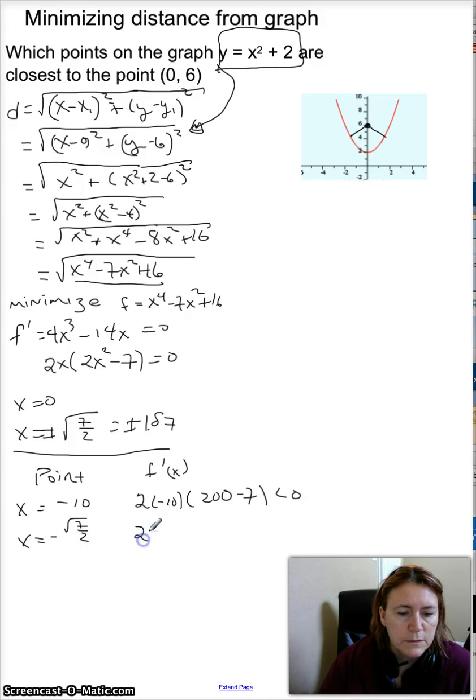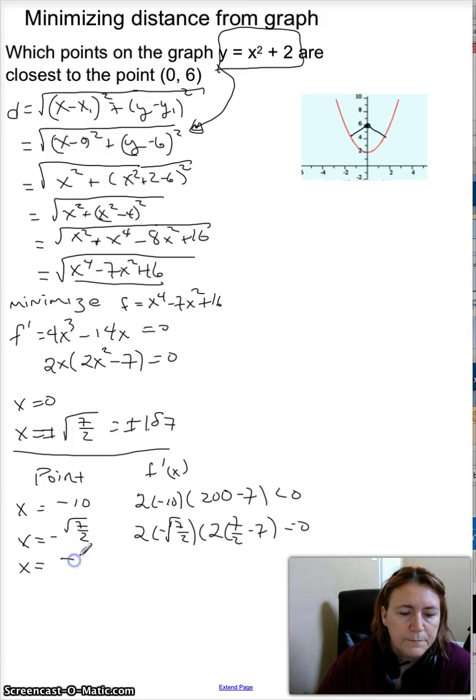This is 2 times negative square root of 7/2 times 2 times 7/2 minus 7, so this is 0. So this is a critical point. Next, let's pick a number between negative square root of 7/2 and 0.